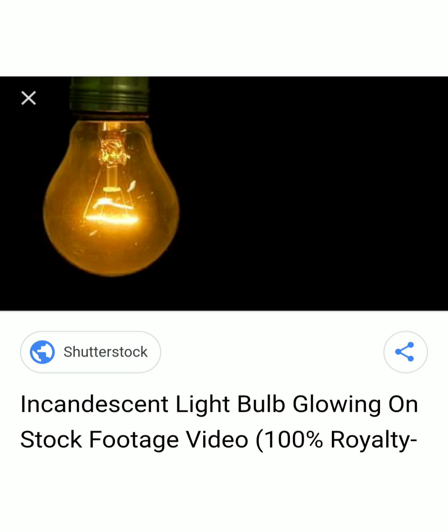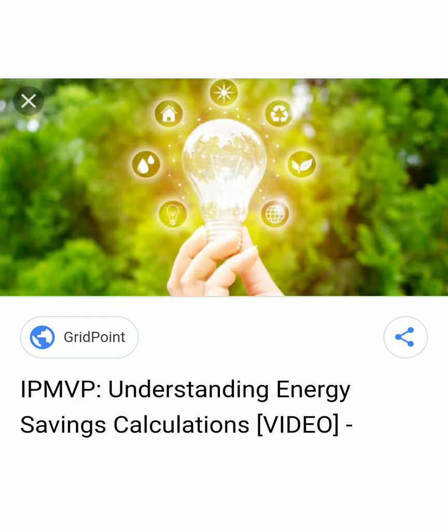Tungsten is a metal like gold, iron, silver, etc. This tungsten filament is heated by the electricity when it passes through it. Thus it starts emitting light. So it takes more energy to heat the filament, and energy is lost in the form of heat. So less light is produced.